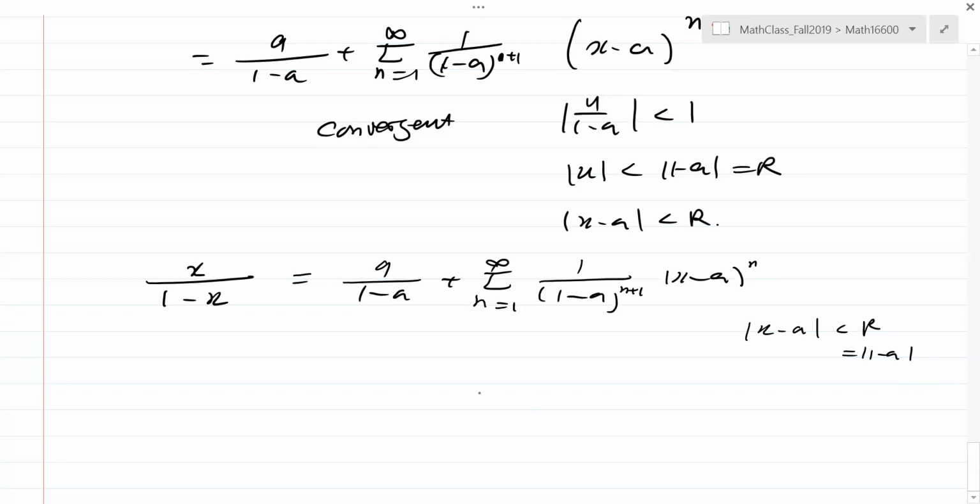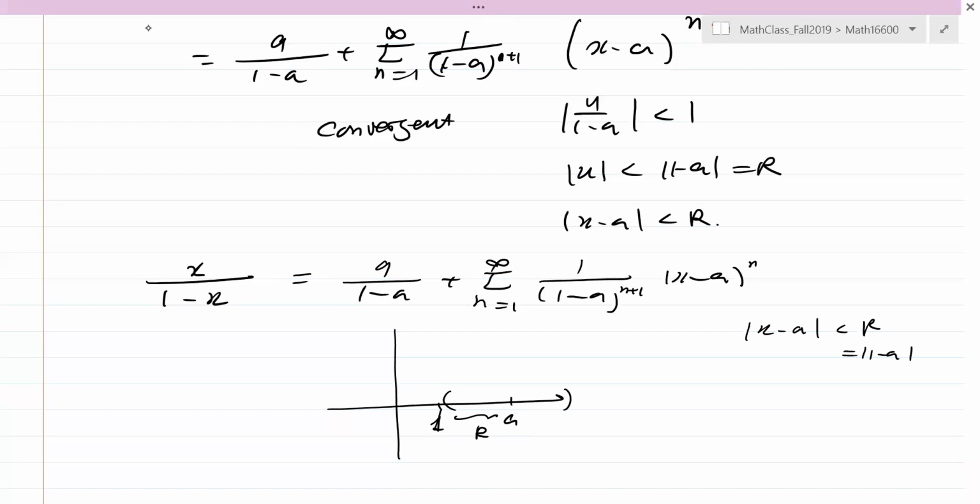If you look at the picture, this is 1, and this is a, so R is the absolute value of 1 minus a. It cannot be larger than that, because otherwise this interval would contain 1. So from the picture we already know what it is, but we can write the formula.